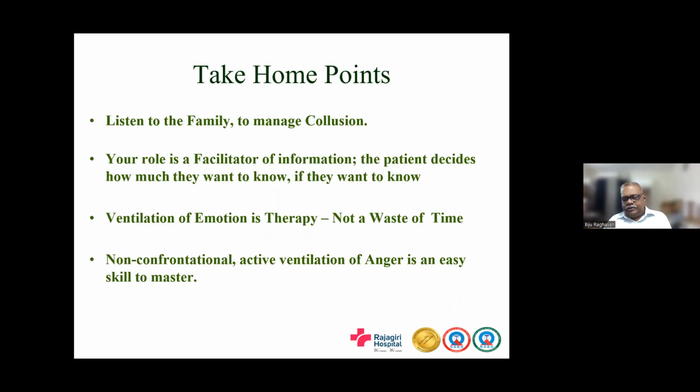To finish off all the 3 points that we talked about today, which is communicating bad news, collusion management, and anger management. When it comes to collusion, the most difficult of the skills that we talked about today, listen to the family. That is the starting point of managing collusion.